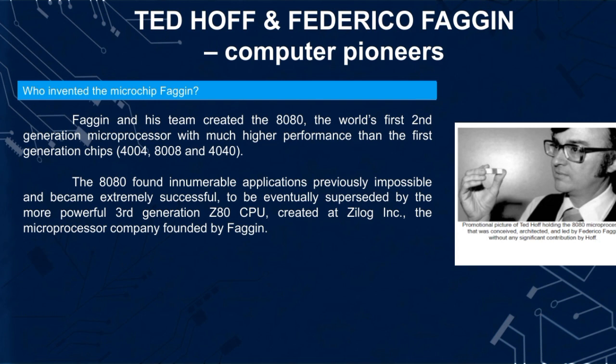The 8080 found innumerable applications previously impossible and became extremely successful, to be eventually superseded by the more powerful third-generation Z80 CPU created at Zilog Incorporated, the microprocessor company founded by Faggin.